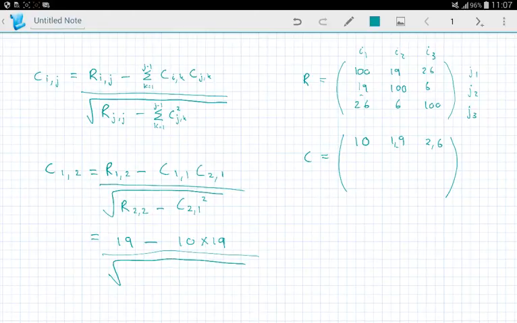Dividing this now by R22, which is over there, which is 100, minus C21, is this 19 or 1.9, squared. Okay.